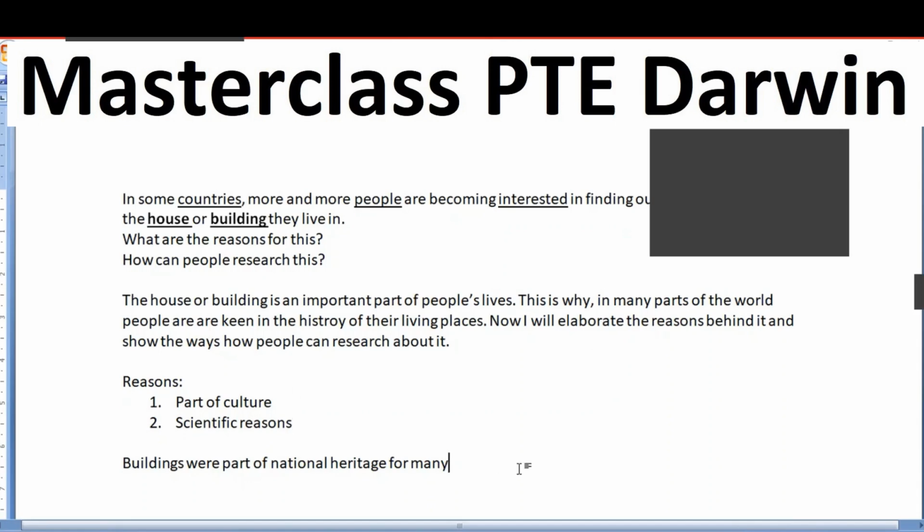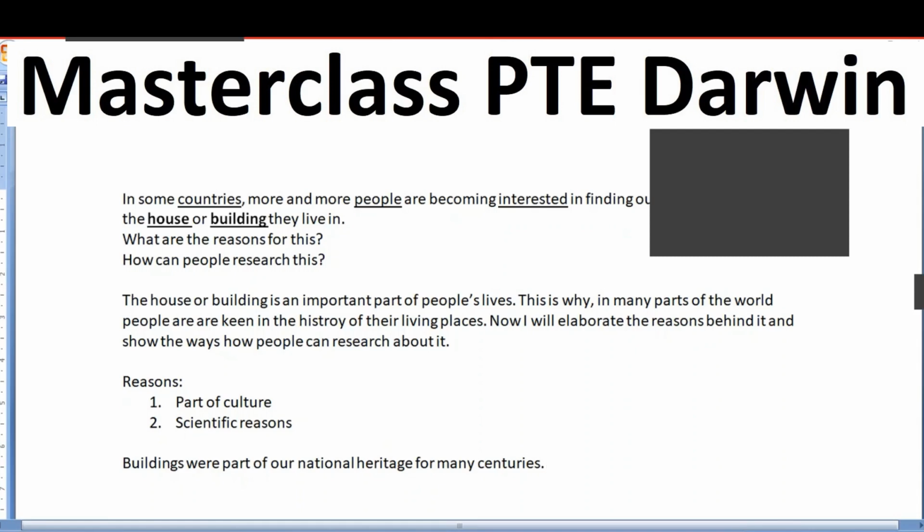So yes, buildings were part of our national heritage for many years, or for many centuries, you can say. Okay. So we just put the idea first, and then we explain. We can explain the line, and then give the example.